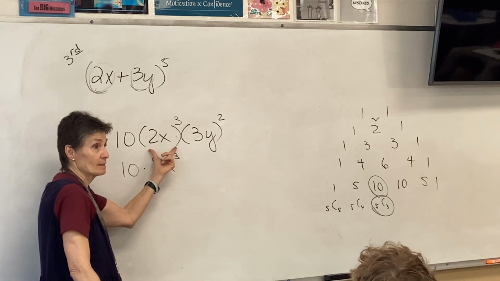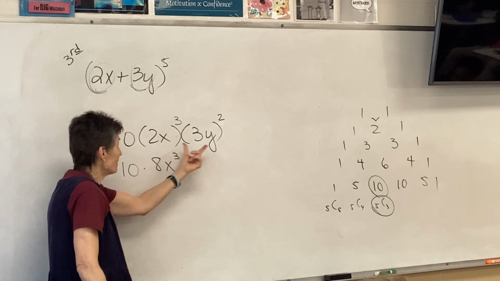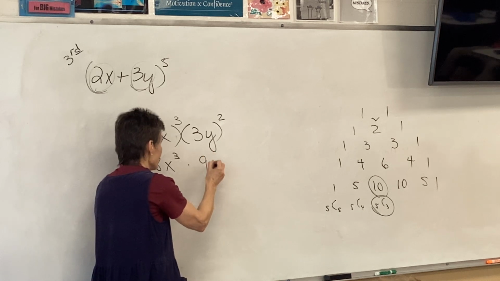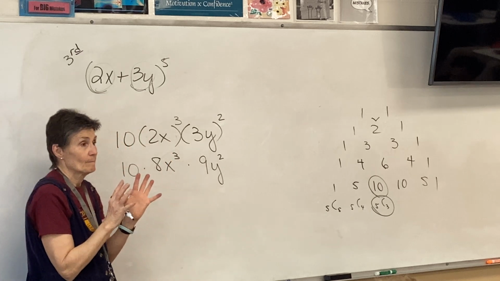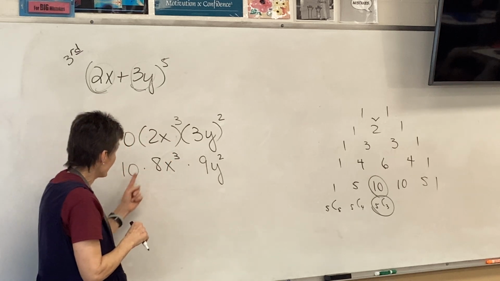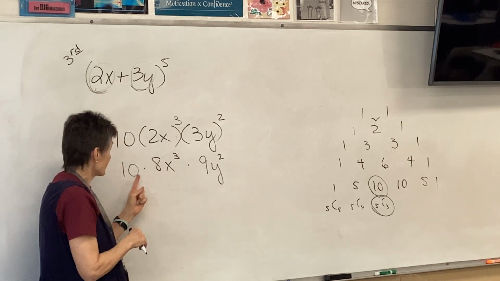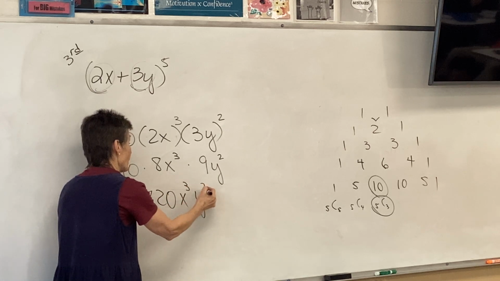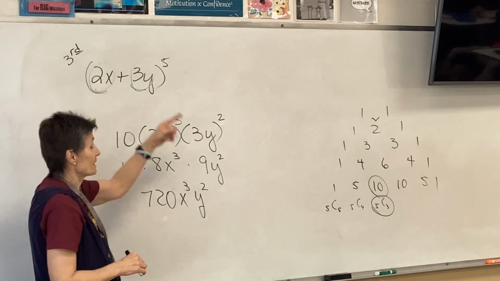The 2x, the whole 2x is getting cubed. And then what would this be? No, not 3y squared, 9y squared, right? The whole thing is squared. Then multiply 10 times 8 times 9. This is a multiply problem. So that is 720 x cubed y squared. And there is the third term of that expansion.